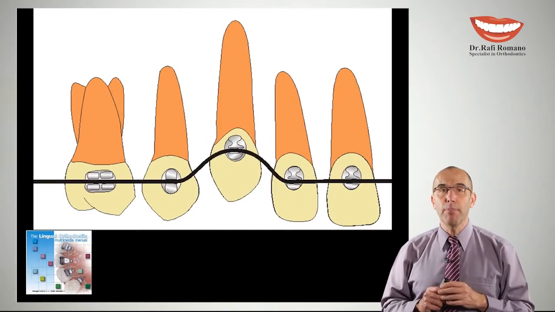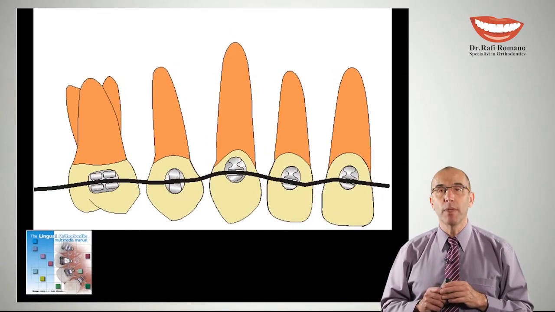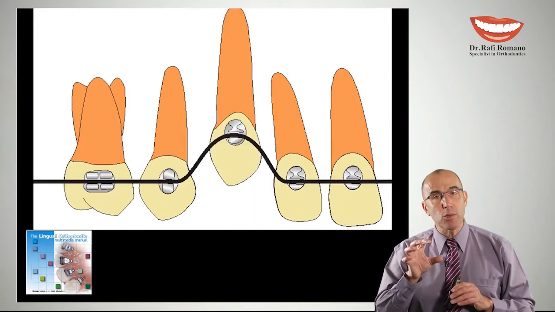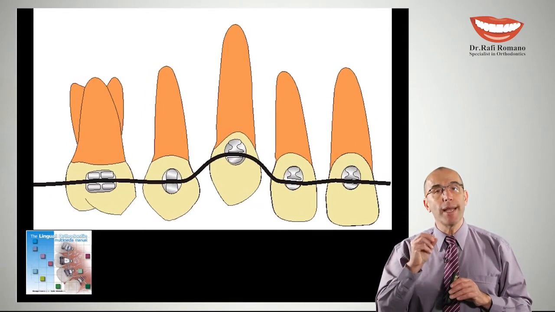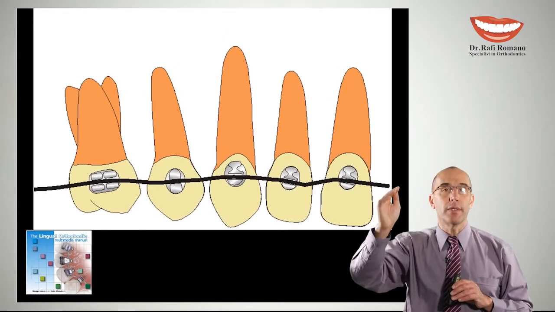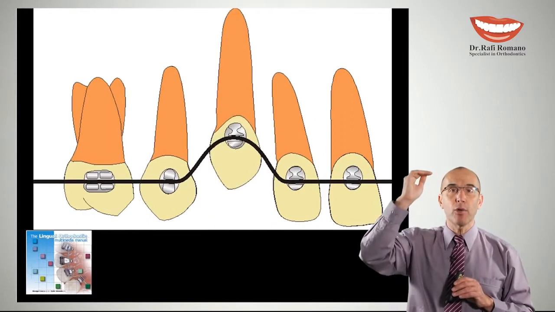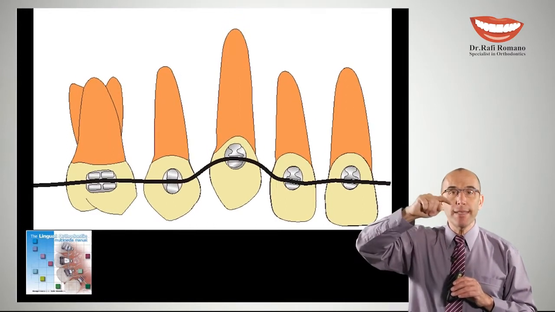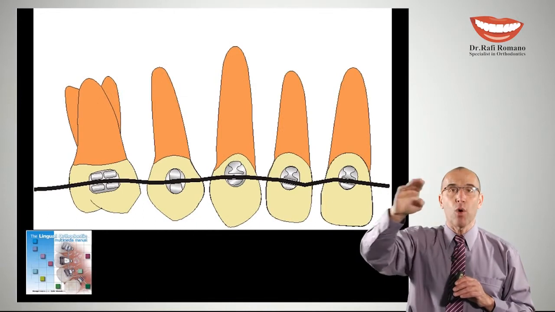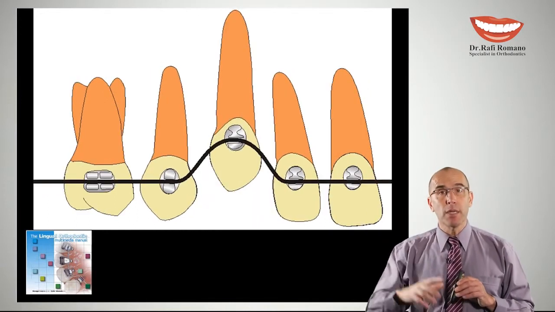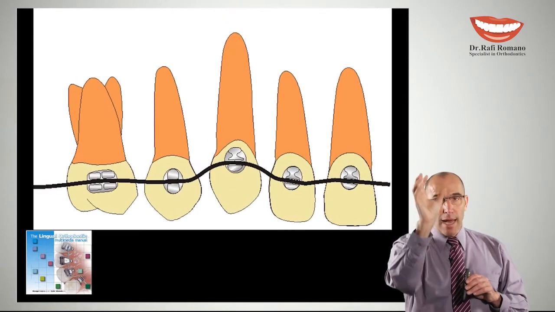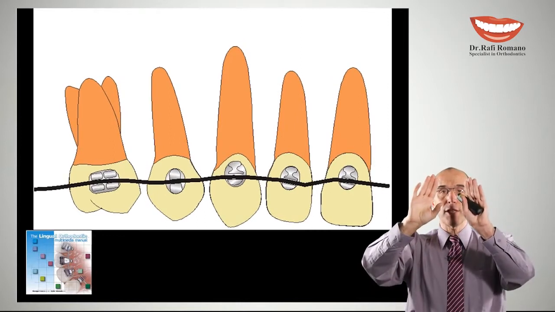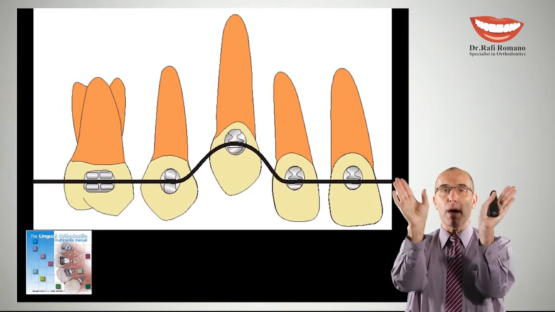This is another example taken from this beautiful CD-ROM, showing the side effects we have when we try to ligate all the teeth together. You can see here a blocked out cuspid that was ligated in one arch to all the teeth. What happens? When the cuspid went down, the roots of the adjacent teeth went apart.